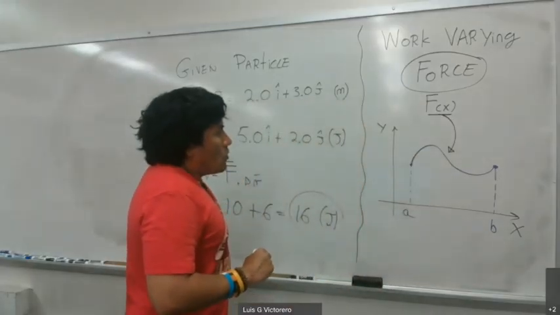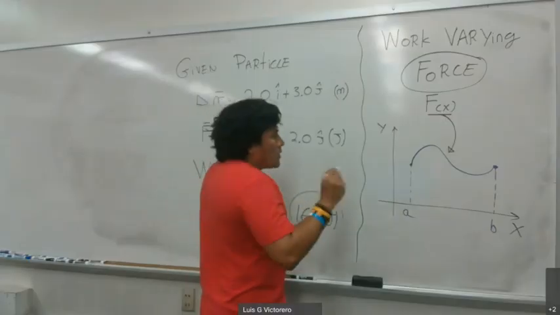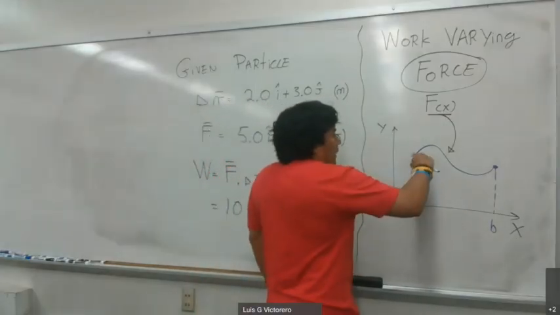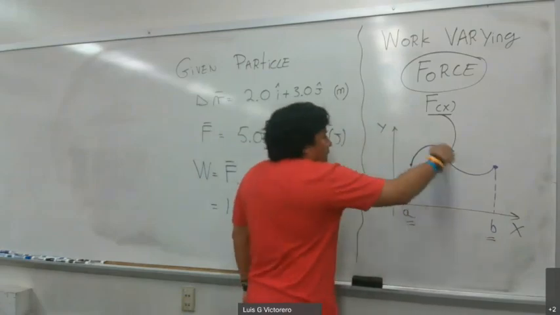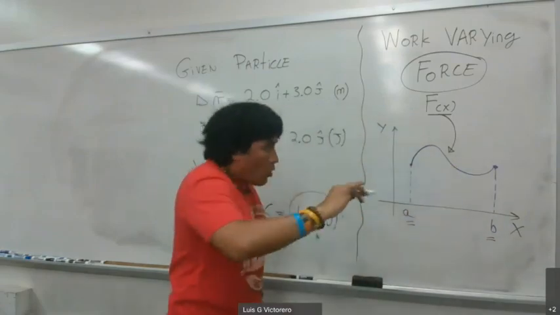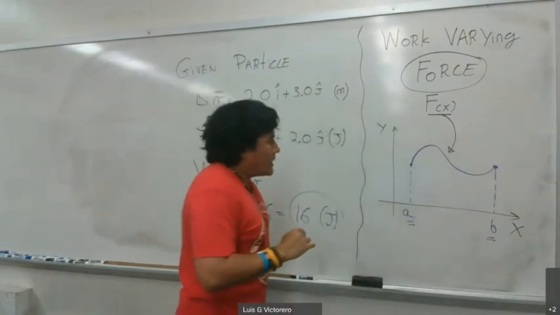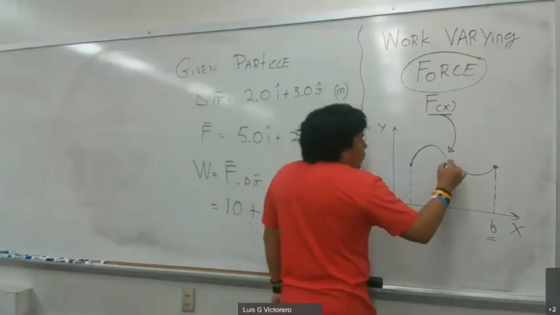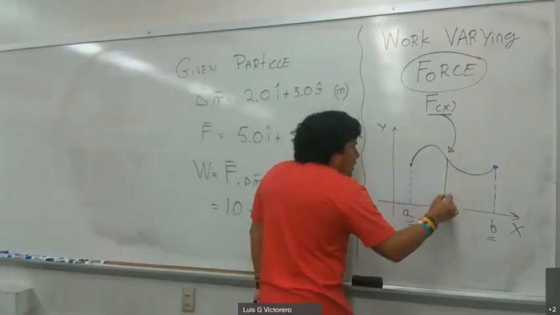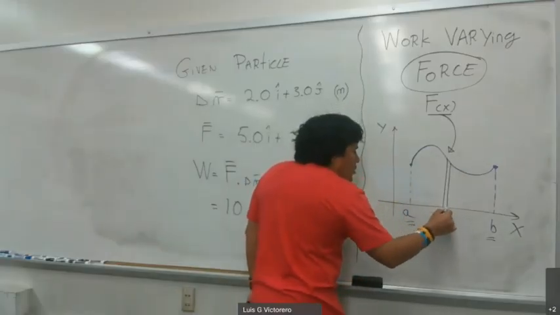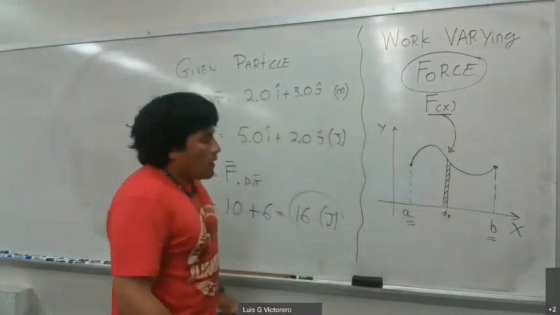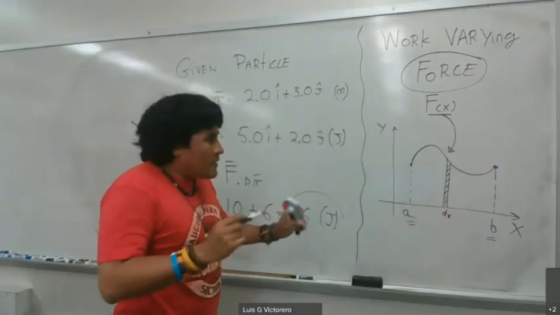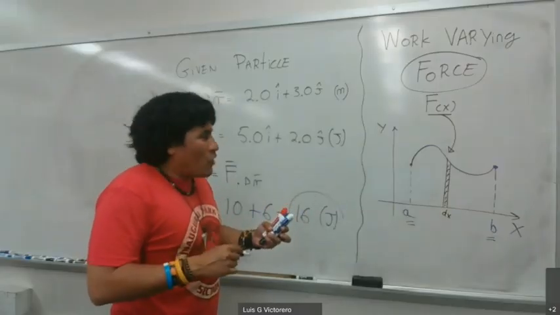How do I know the total work done by this force from A to B if the force is not constant along the whole displacement? So what you need to do is find the work done by the force in some differential dx, in some distance, like instantaneous velocity, right?